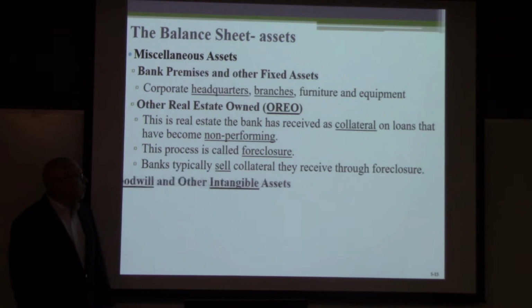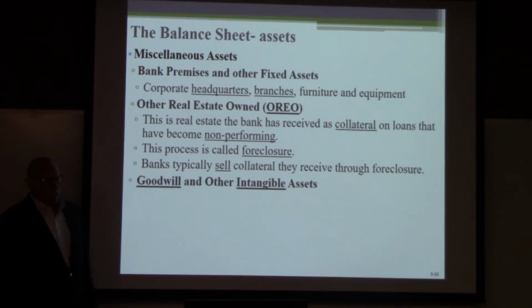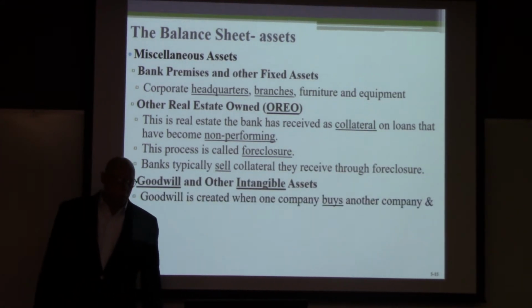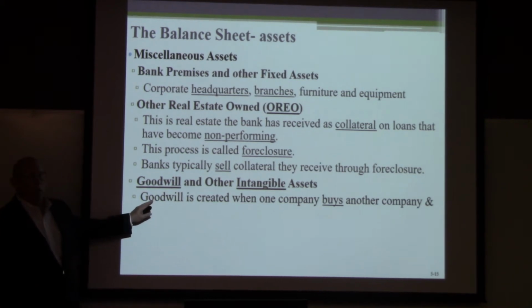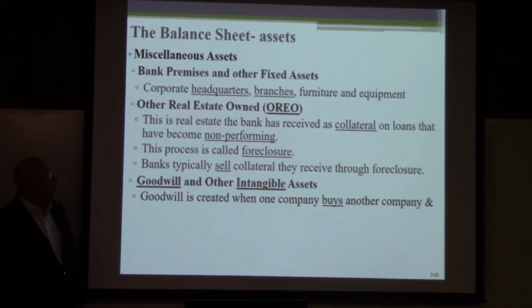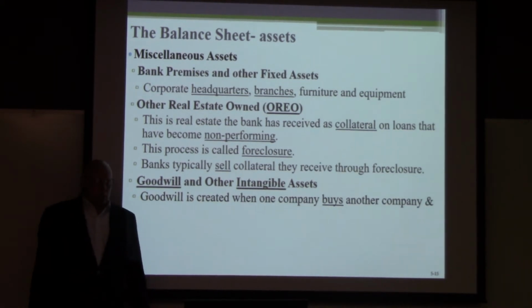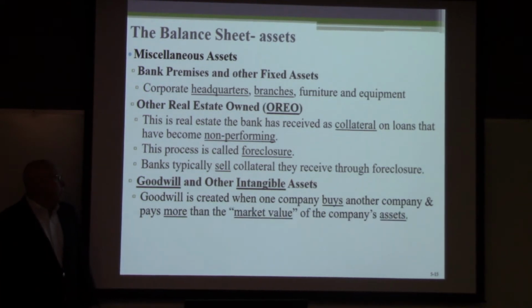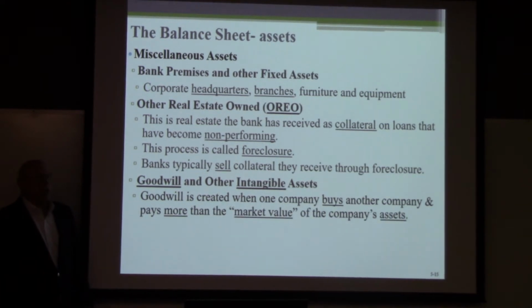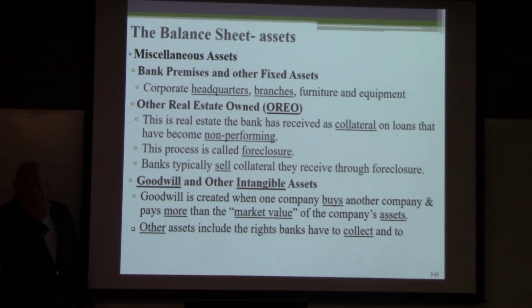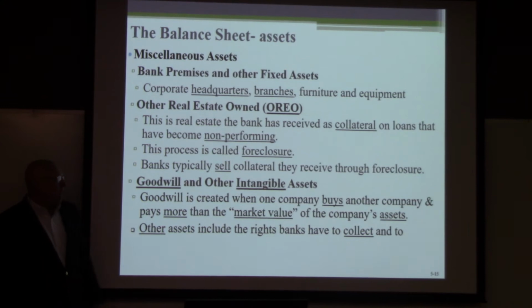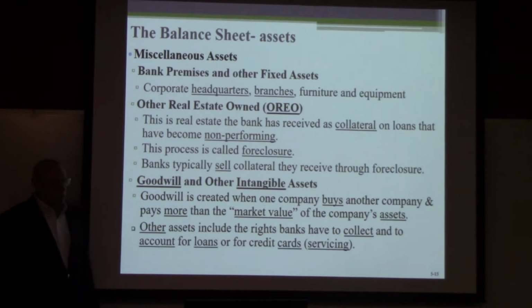Okay? All right, then you have goodwill and intangible assets. All right, what is goodwill? You've gone over this in accounting. Goodwill is created when one company buys another company and pays more than the market value of the company's assets. Okay? So it has to go down on the balance sheet so that the balance sheet will balance. Other assets for a bank include what's called servicing rights.